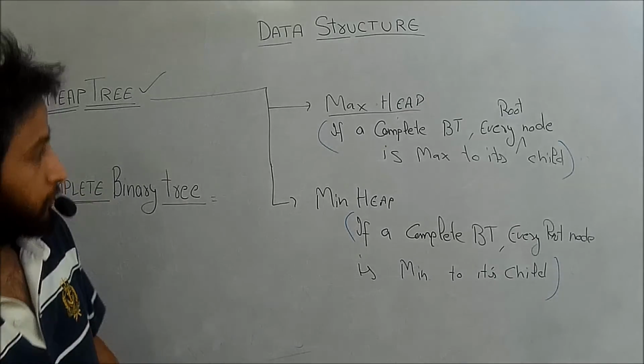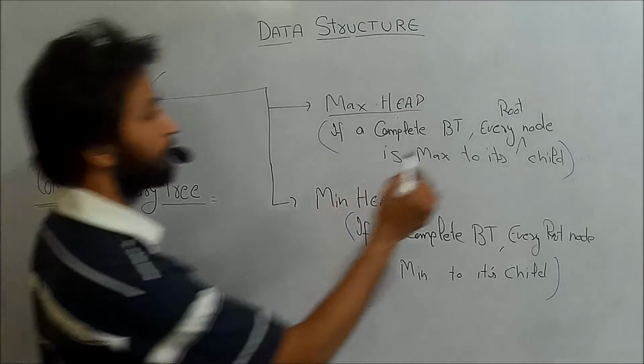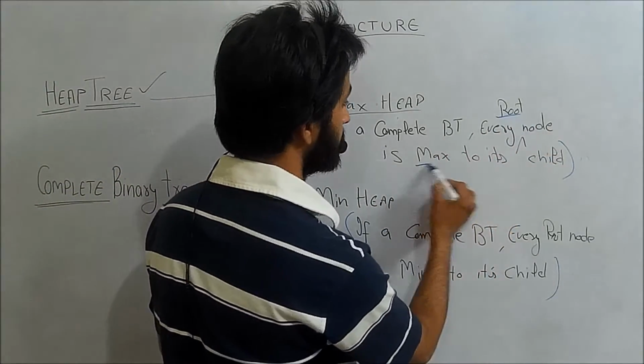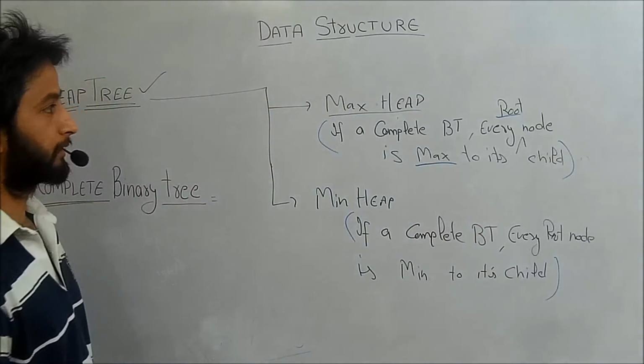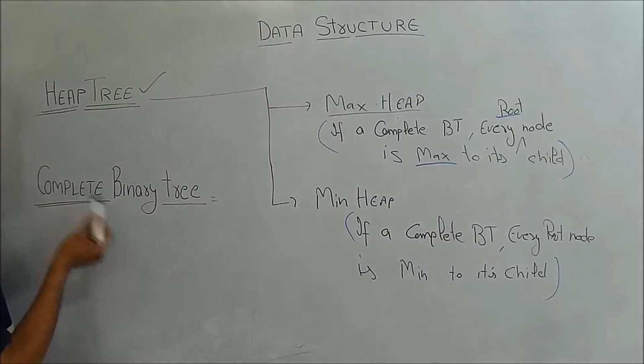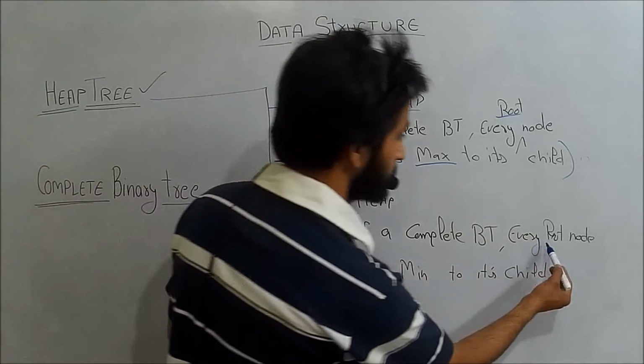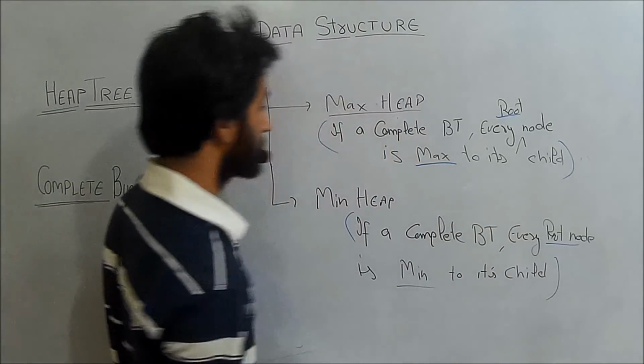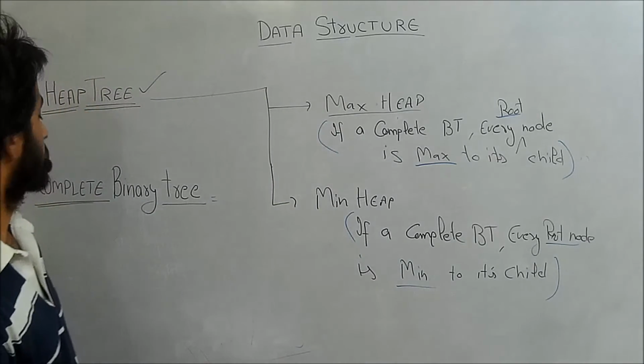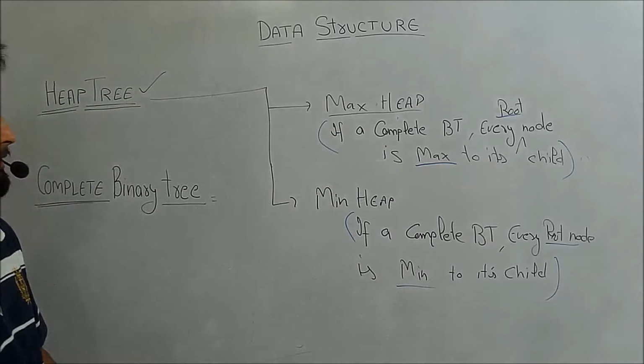Okay, so two things we have to remember: if the root node is maximum, then that complete binary tree is max heap. If the root node is minimum, then the complete binary tree is min heap.